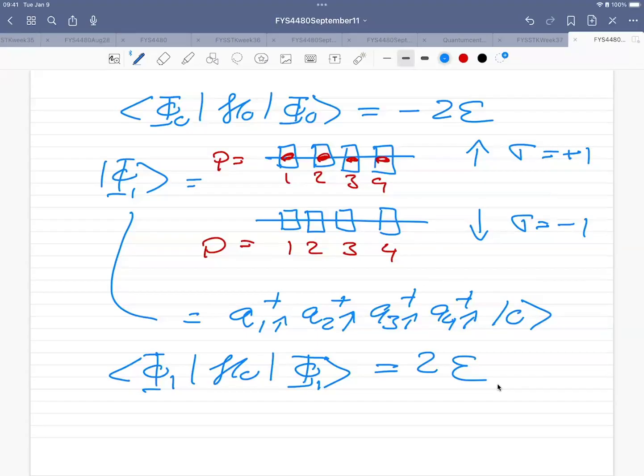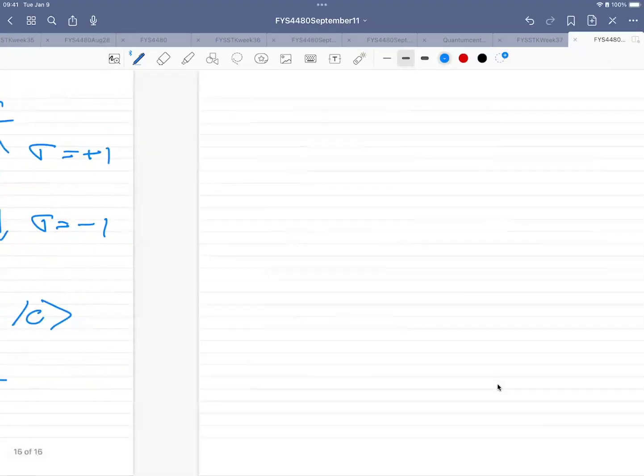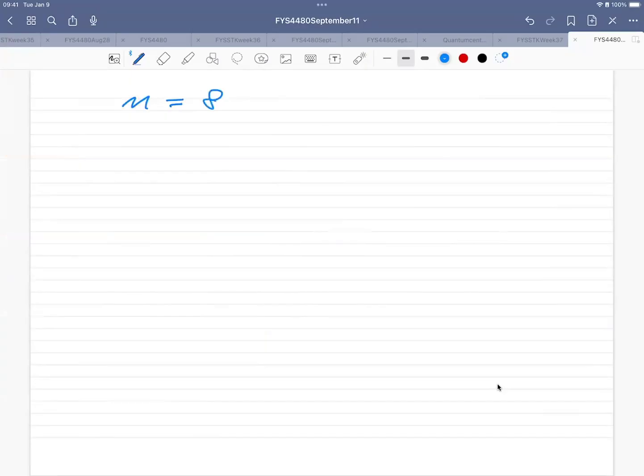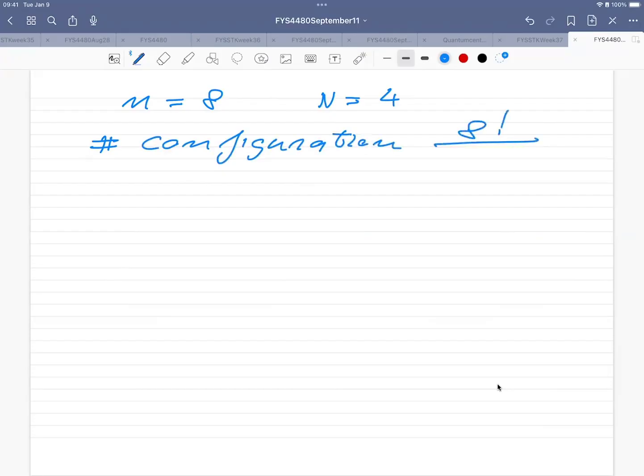But what we have done here is actually to promote all particles up in this n equal to 8 slots, P equal 1, 2, 3, 4, and 2 spin values. And with n equal to 4, then what we are going to get is a total number of configurations, following standard combinatorics with replacement.